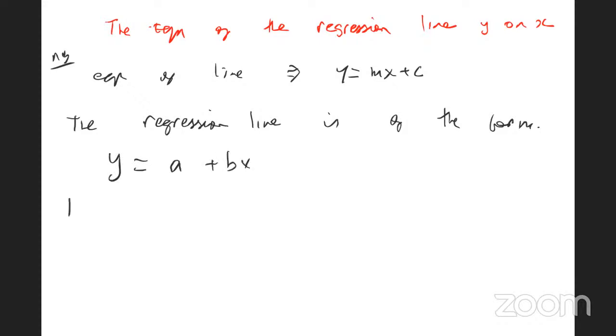B is just like a gradient, but it's called your coefficient of regression. And A is your y-intercept.